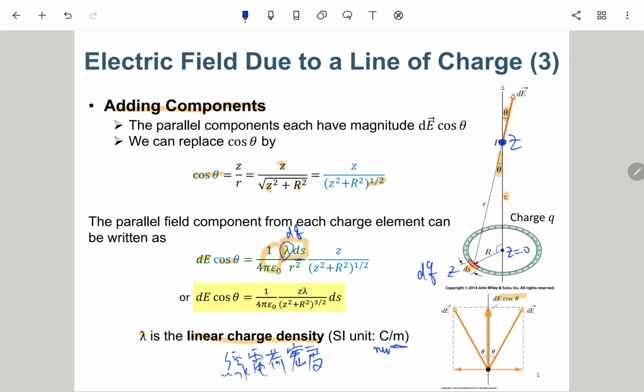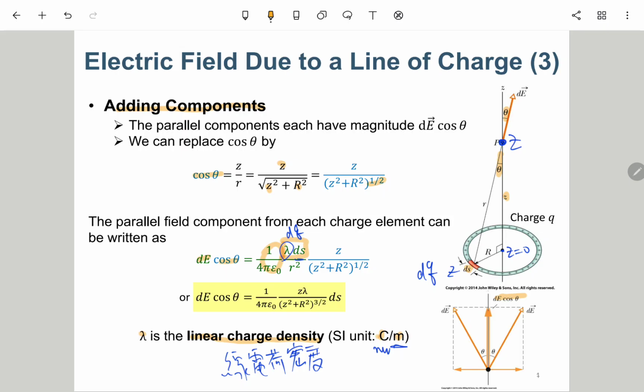This is a linear charge density because this is a very thin ring, so it only has one dimension. The SI unit is coulomb per meter. Later on we will also have a surface density, which will be C over m squared, but not for this case.